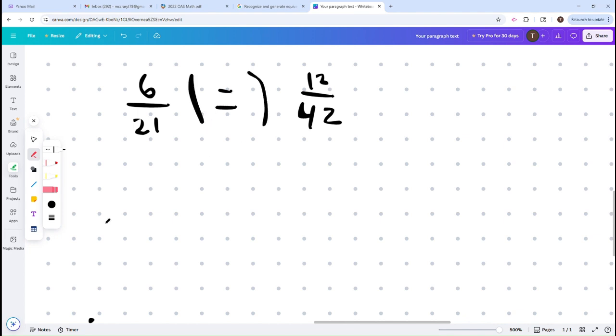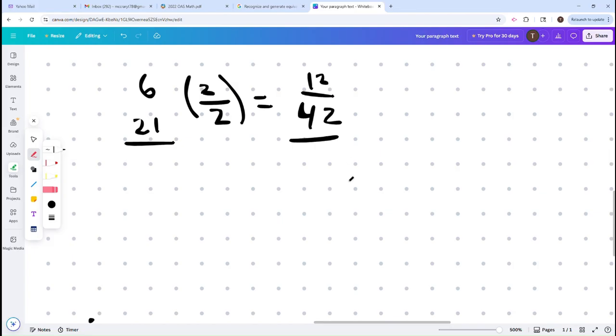Now, the cool thing is you should know what you multiply 6 by to get 12, right? Multiply 6 times 2. And this has to be the same number on the top and bottom. So is 21 times 2 equal to 42? Yes. So 6 over 21 and 12 over 42, they are equivalent.